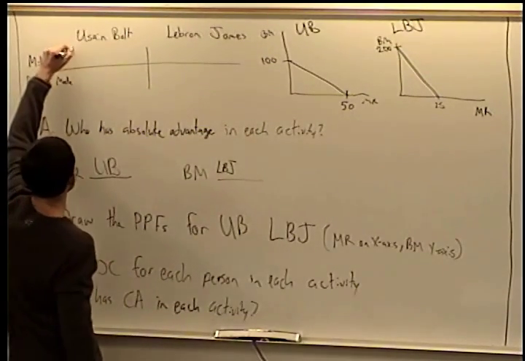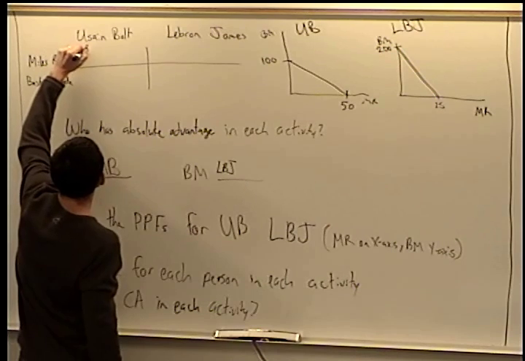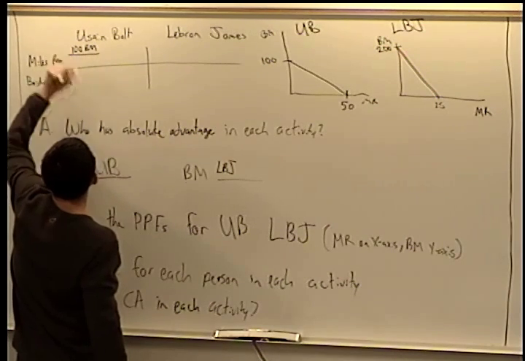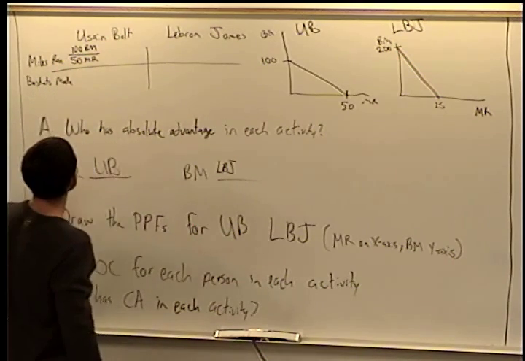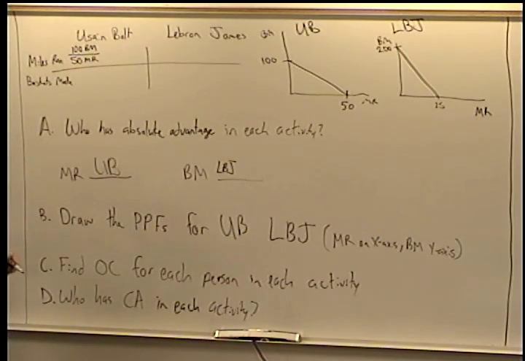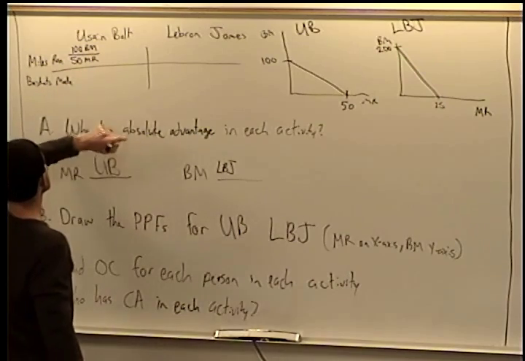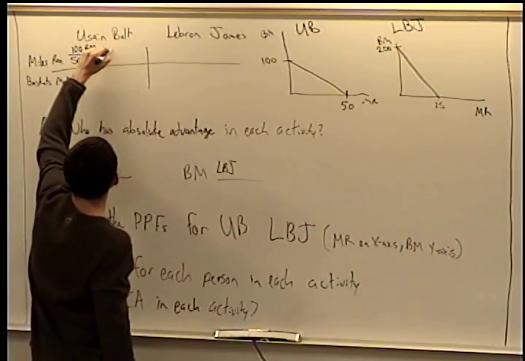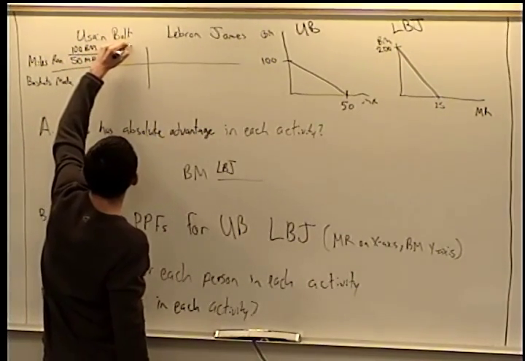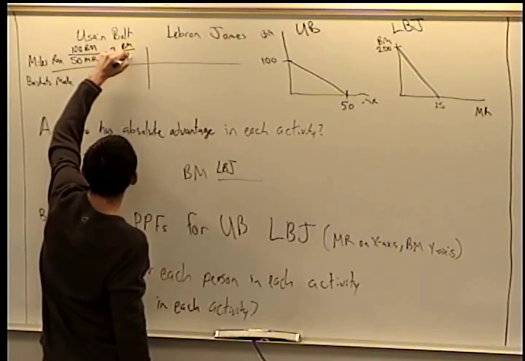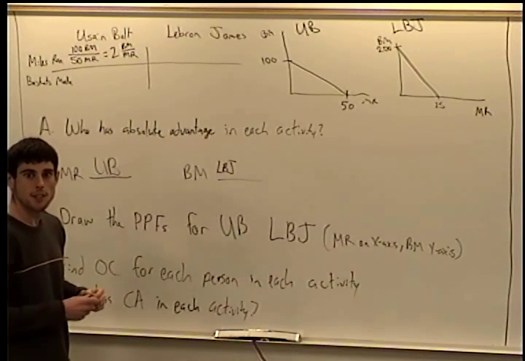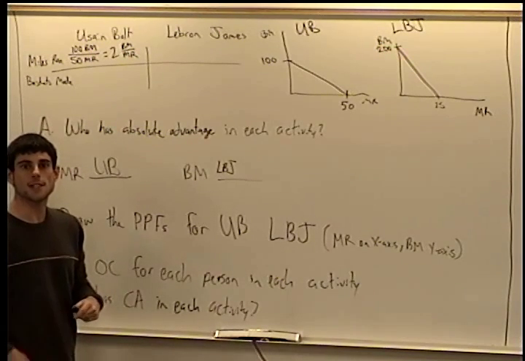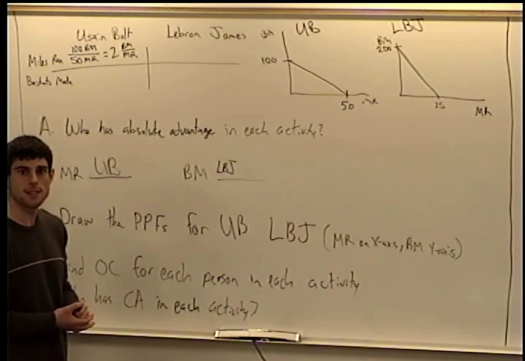So he's giving up 100 baskets made to gain 50 miles of running. So if we simplify that, that works out to equal 2 baskets made per mile ran. So for Usain Bolt to run 1 mile, that means that he has to give up 2 baskets.